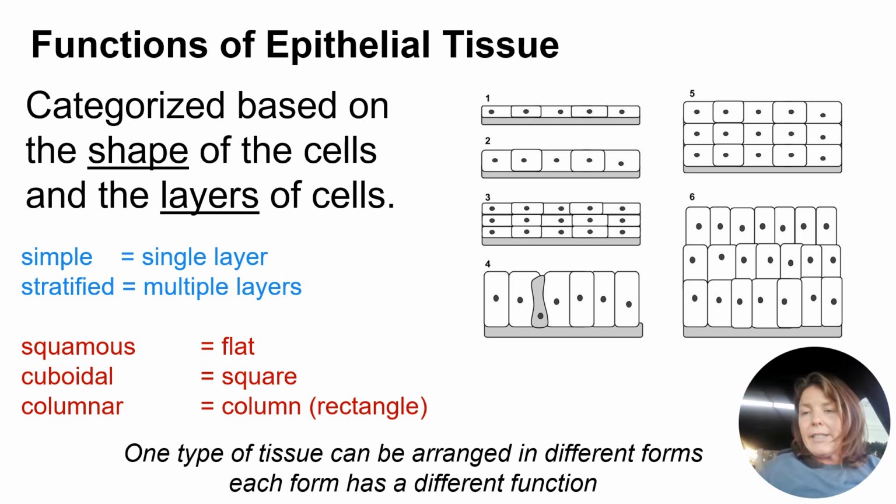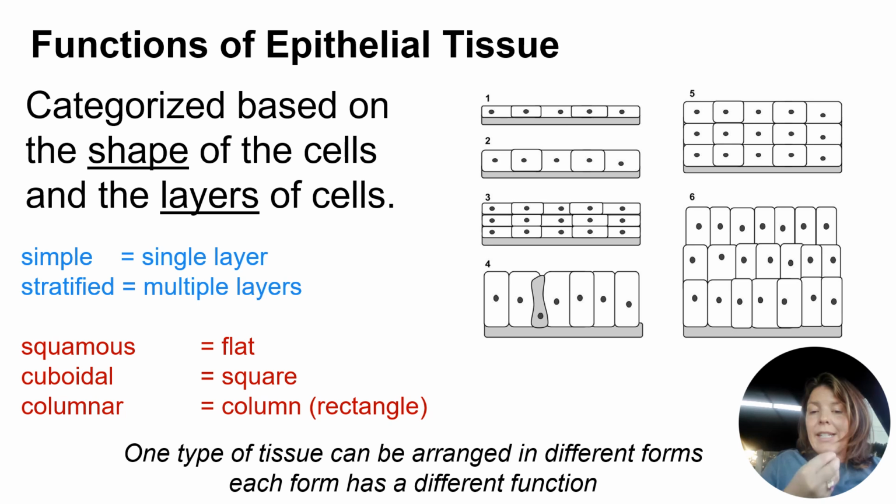Where do we find these tissues? Well, the most commonly found epithelial tissue in the body is stratified squamous, like you see in number 3. An example of that would be skin. Stratified squamous epithelial tissue is designed to withstand friction.